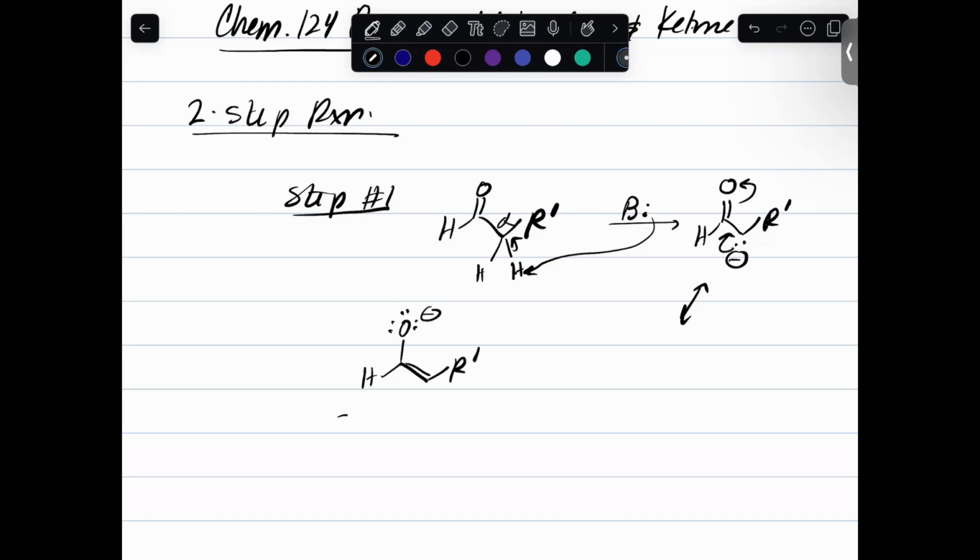You have your Z-enolate, and you have your E-enolate. Now, we don't really talk about this in second semester organic chemistry. We just talk about the formation of an enolate, period, right?